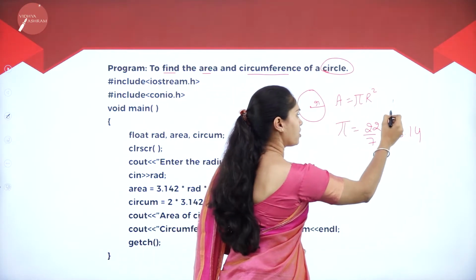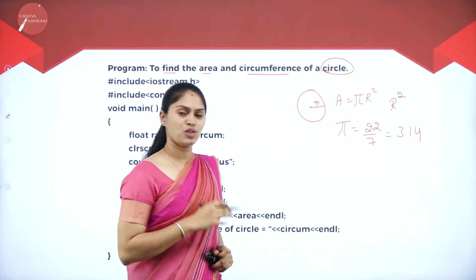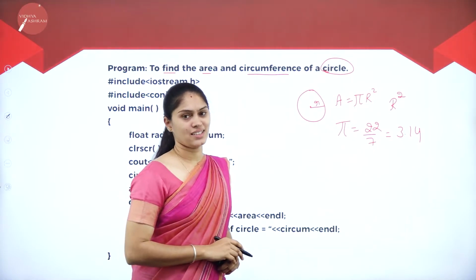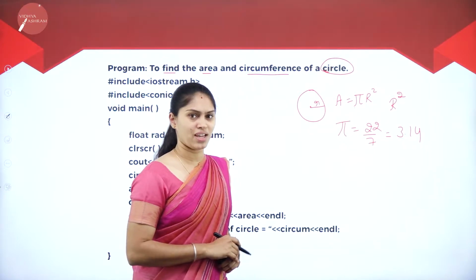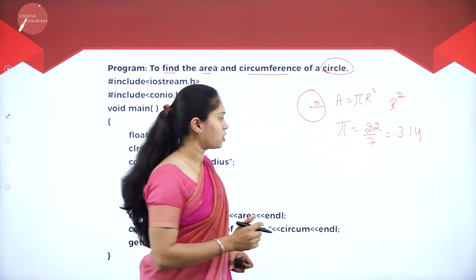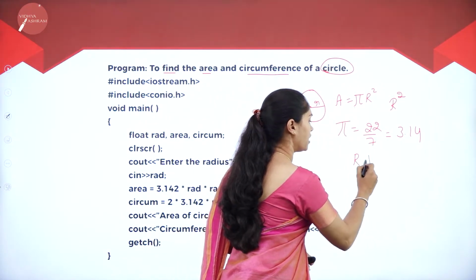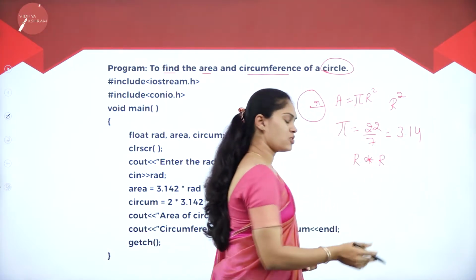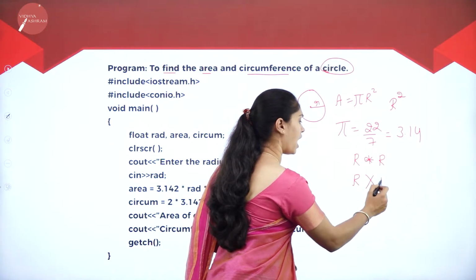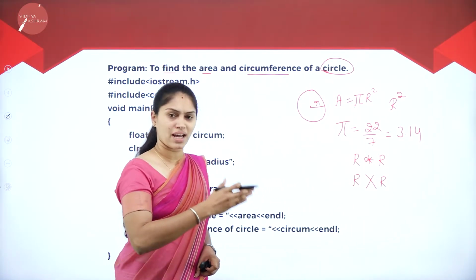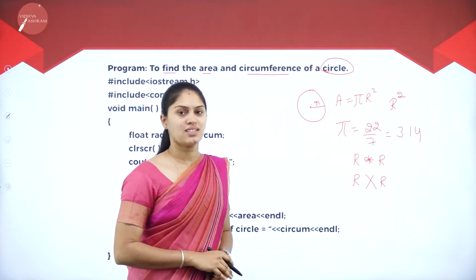And in order to write r square, we don't have any key on the keyboard for that either. Then how are we going to write r square in C++ programming? We are just going to multiply it twice, that is r into r. Remember one thing: mathematics is different and computer science is different.